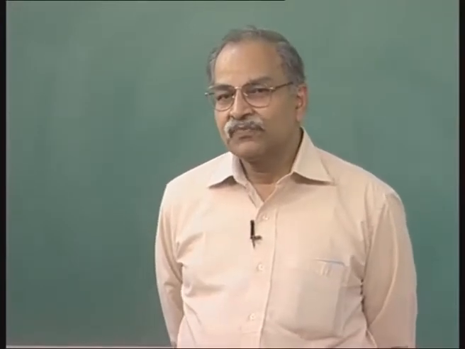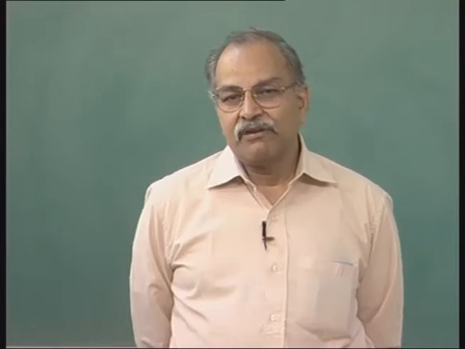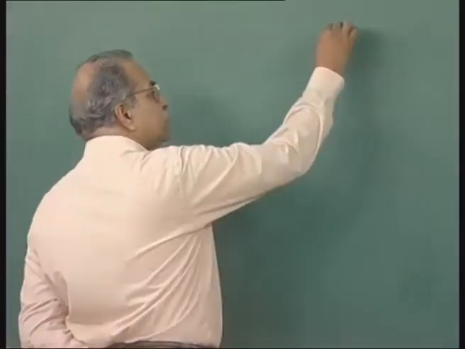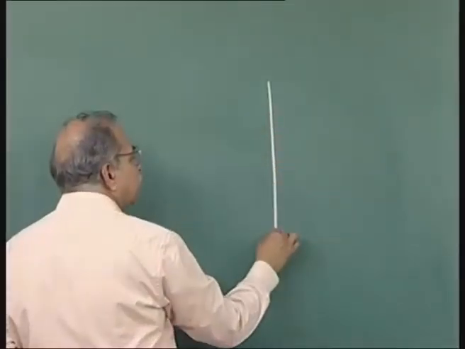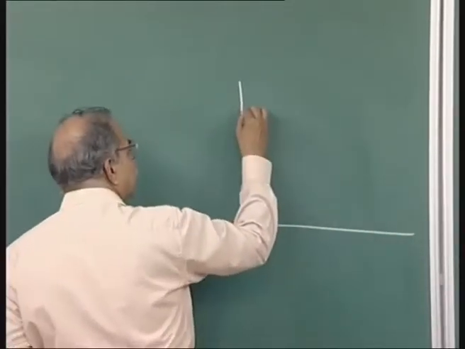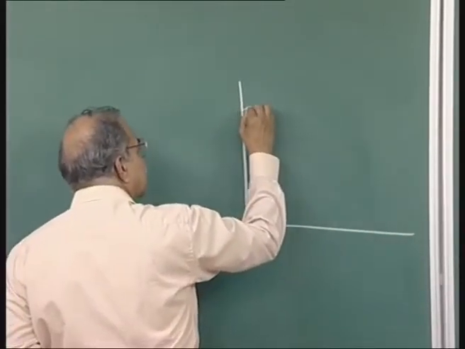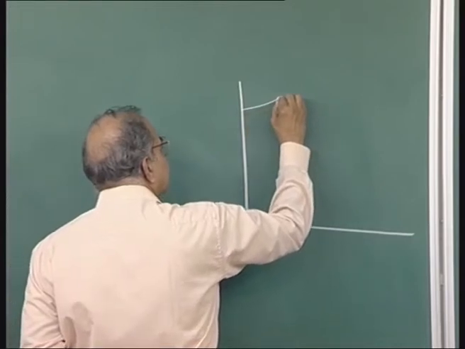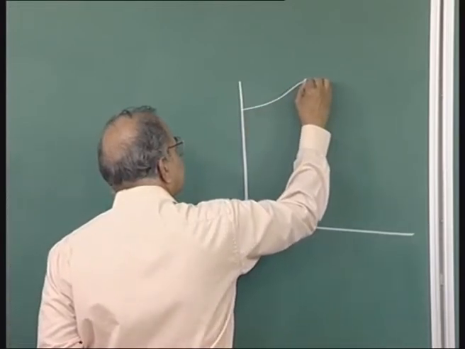All nuclei with mass number greater than 100 or so energetically favor splitting into roughly equal parts, but then the barrier, this potential energy barrier which is there, stops many of them from fissioning.